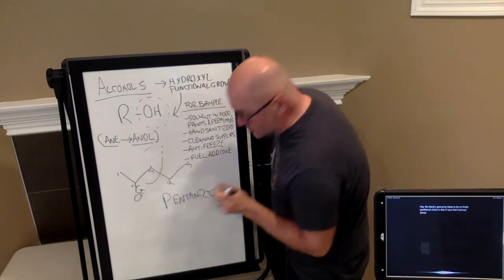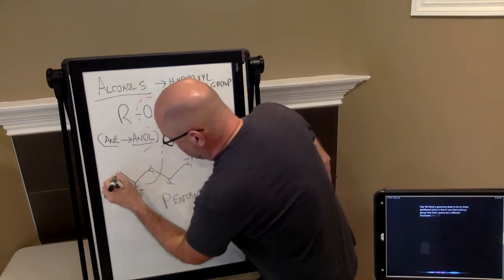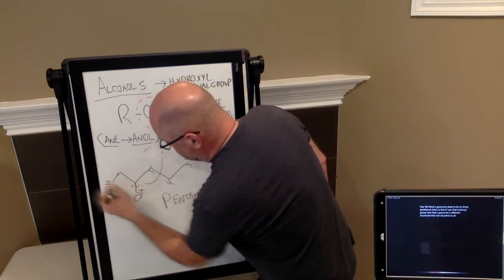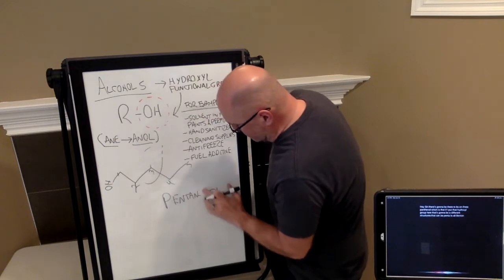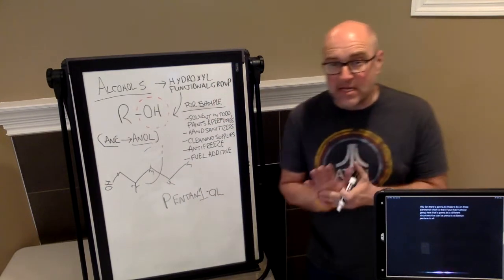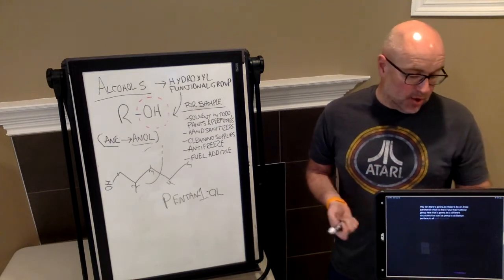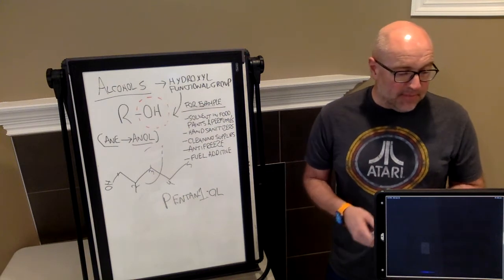So that's going to be pentane-2-ol. And if the hydroxyl group was at the end, well, now that would be pentane-1-ol. So it does make a difference where that hydroxyl group is in the naming of the molecule. All right? Let's give you another couple of examples here.